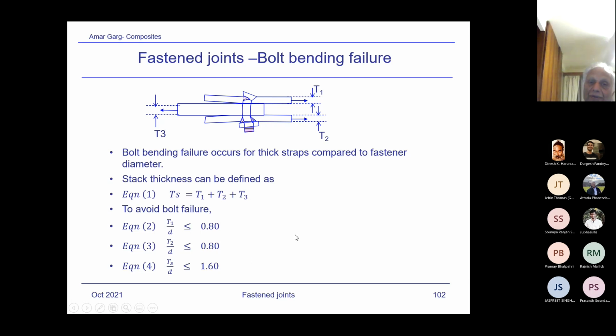It's important because we have seen lots of failures during testing when we had thick straps compared to the fasteners. And I'm very particular about that guidance.